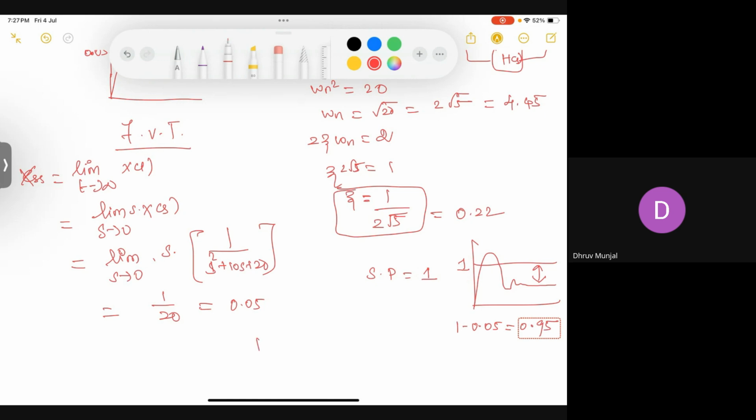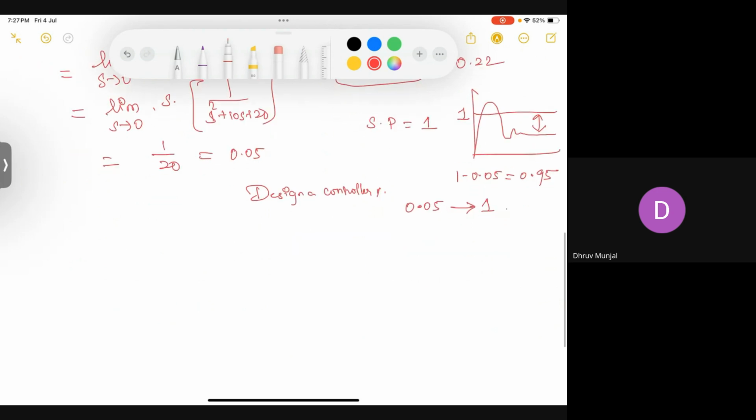So we have to design a controller that will bring this 0.05 to 1. So this is the goal of our design. That's how we want to design a controller that will compensate these errors. Right? So for that, we will first write a closed loop transfer function. First, the open loop transfer function is 1 by s squared plus 10s plus 20.